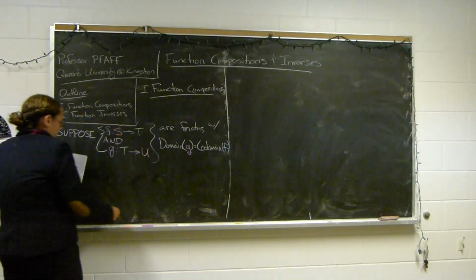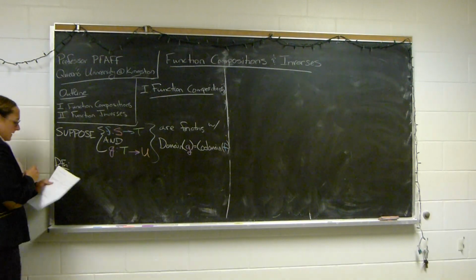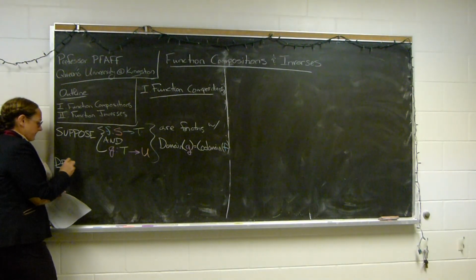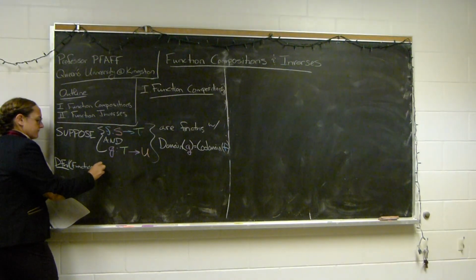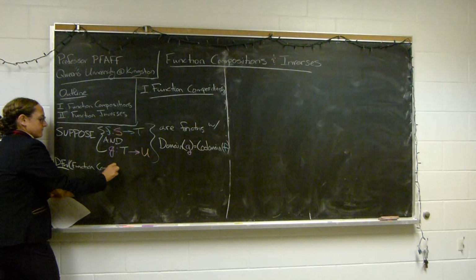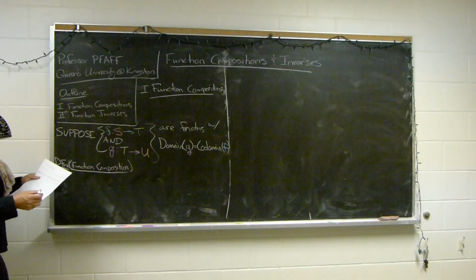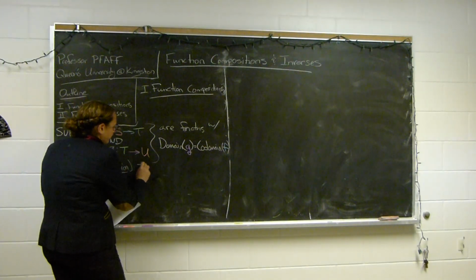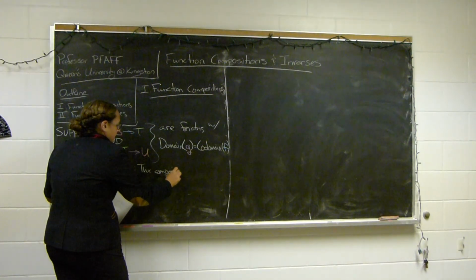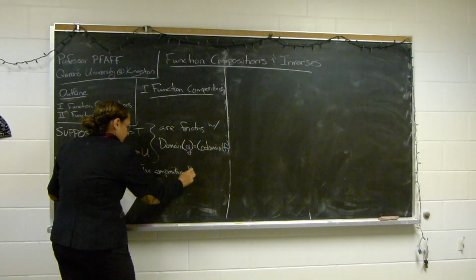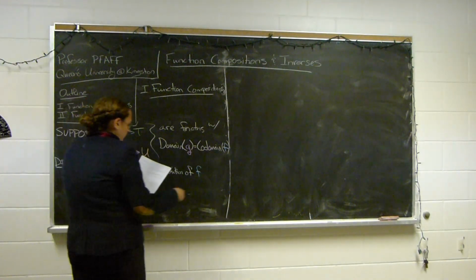Then we say, so here's our definition, and this is function composition. Okay, so the composition of f and g, so these are the f and g from above, our functions.